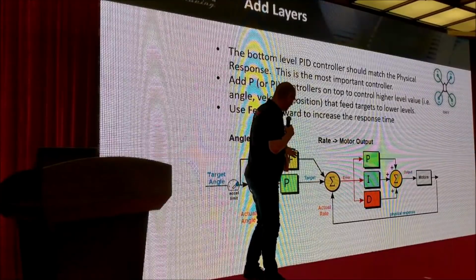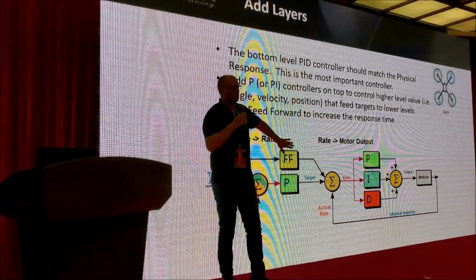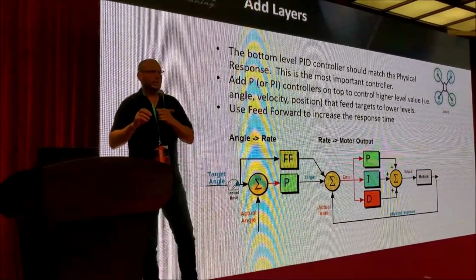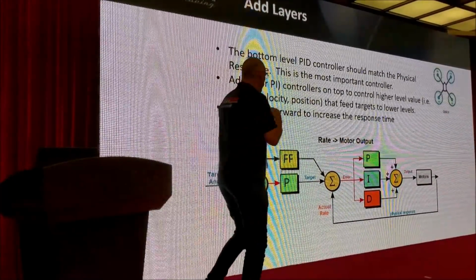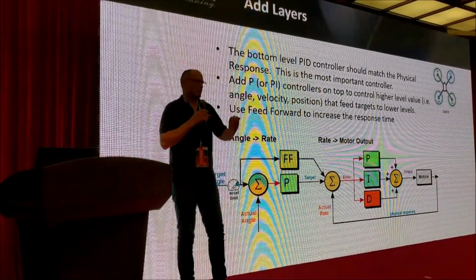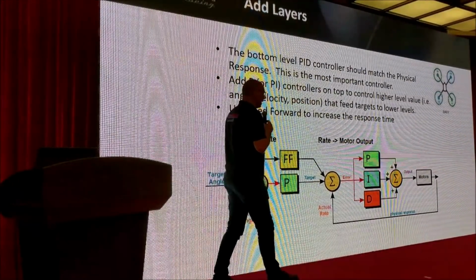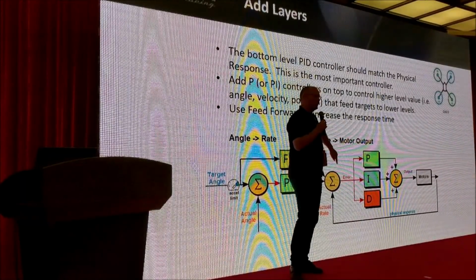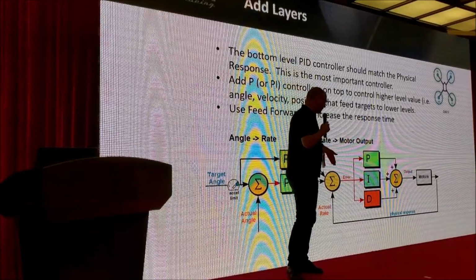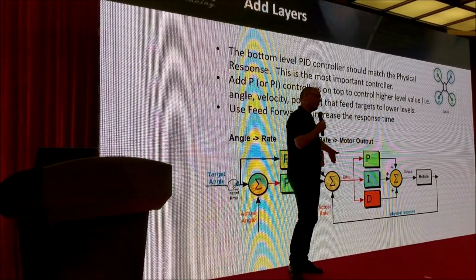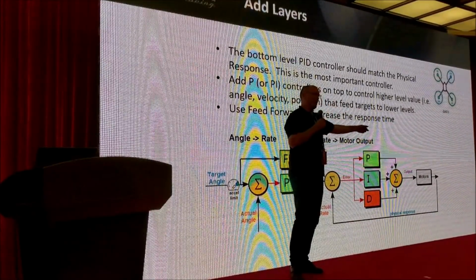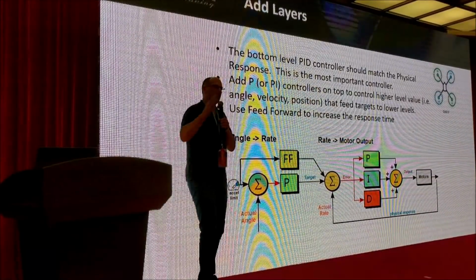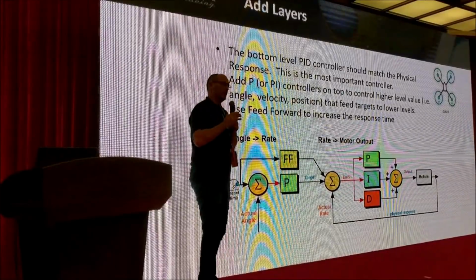Now, one of the interesting points here is the feed-forward term. The feed-forward term is actually something that's very important for our controllers. The feed-forward term lets us say that we know that we want to move in this direction and tell the rate controllers to move at that rate, while at the same time moving our desired angle.